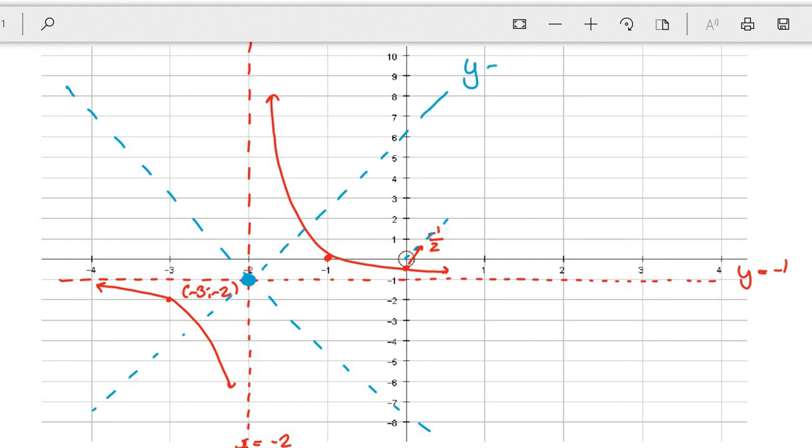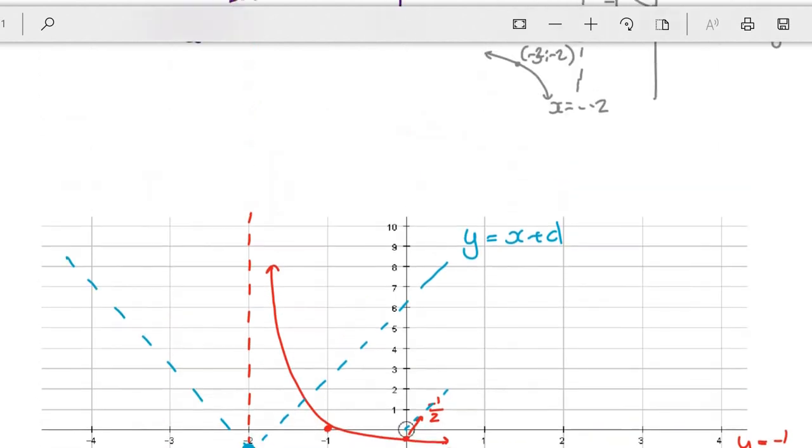So this is going to be y is equal to x plus d, and this is going to be y is equal to negative x plus c. So the first method would be to substitute in the point negative 2, negative 1, the point where my two asymptotes meet each other.